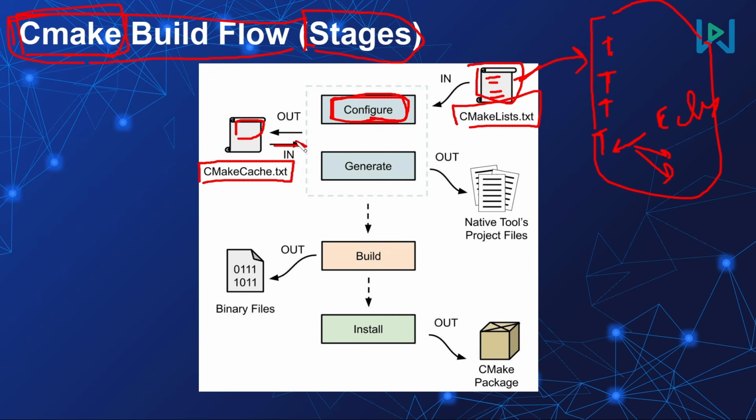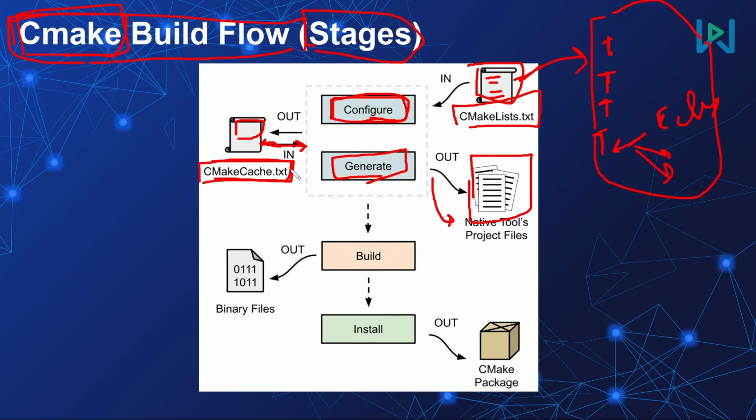Then later on, CMake will read this CMake cache file and generate out of it the list of the native tools project files. In other words, here we're going to generate those Makefiles or Ninja backend files.